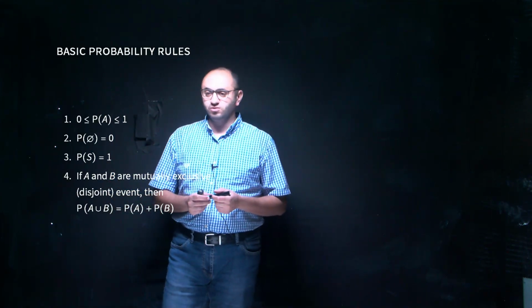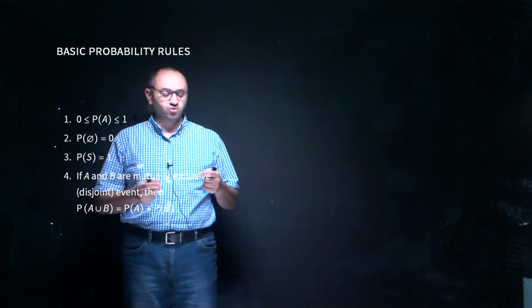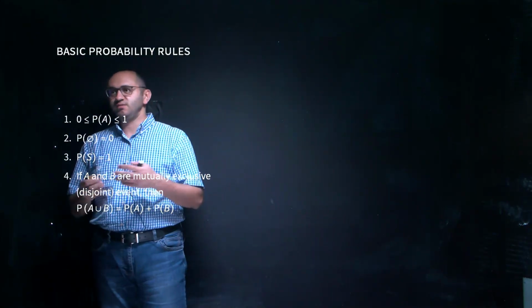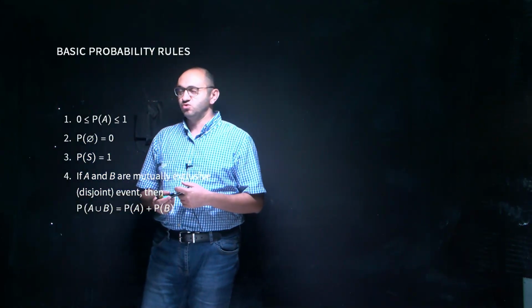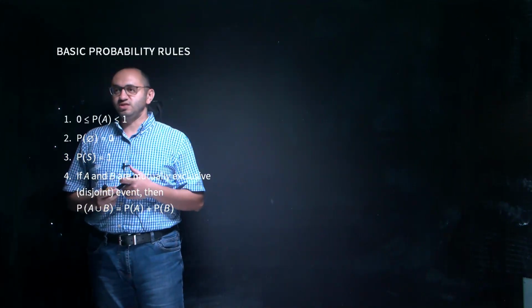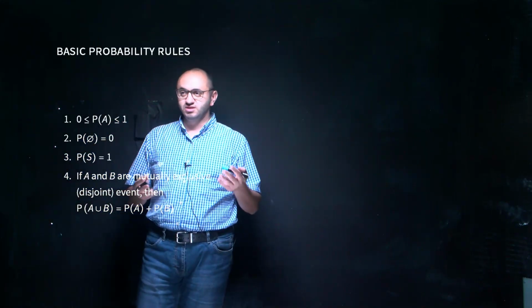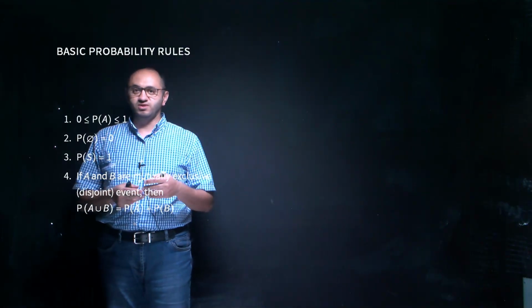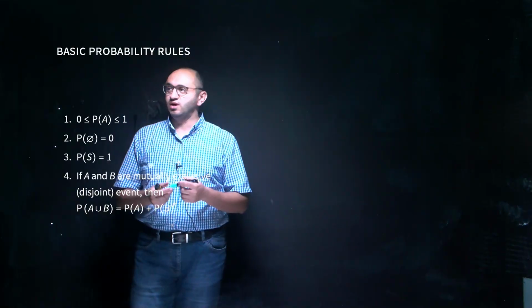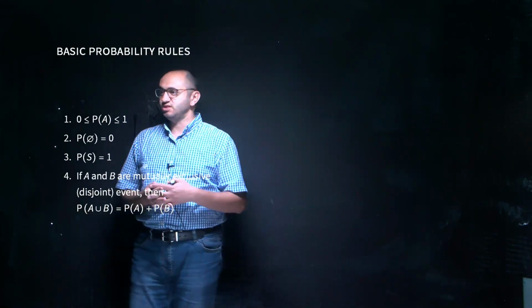All right, so the first rule is the probability of any event A is between 0 and 1. So the probability is always between 0 and 1. The probability of the empty set is 0, and the probability of the sample space is 1.